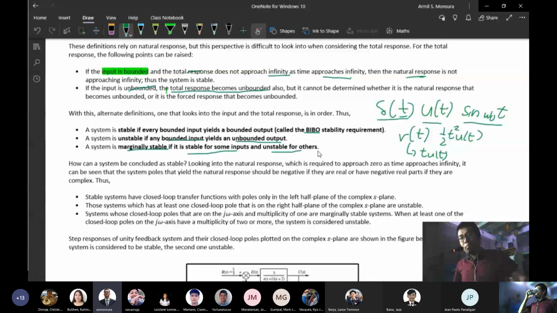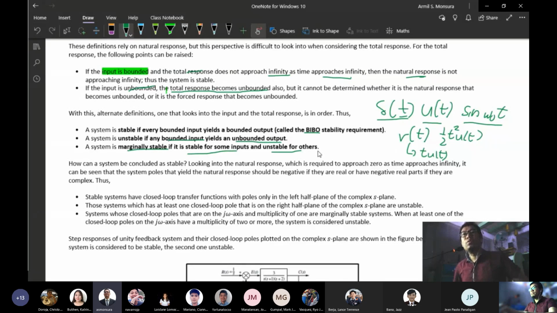Pero again, ang pinakamagandang sign na ang system niyo ay stable is if it follows the input. Kung sinusundan ng output ng system niyo yung input, and then you were able to achieve a full control, then you can say that your system is stable.